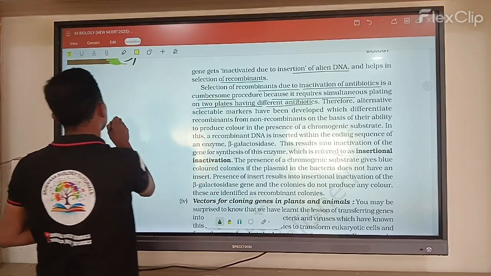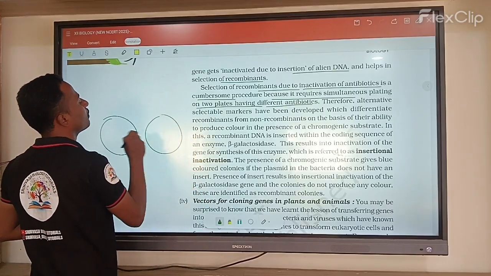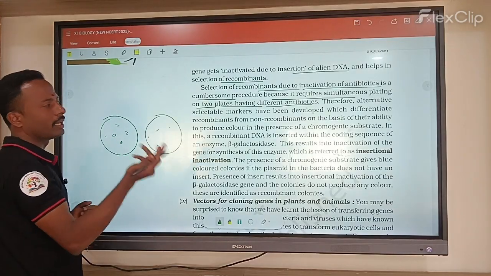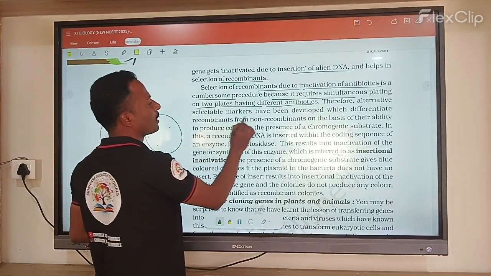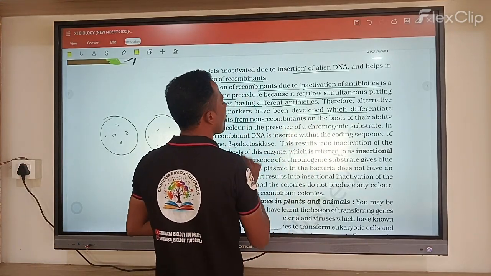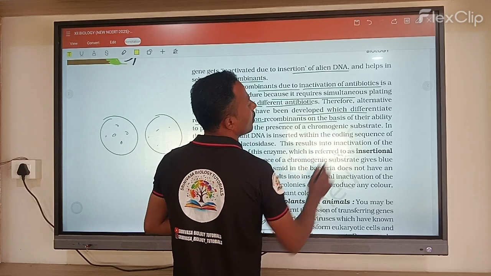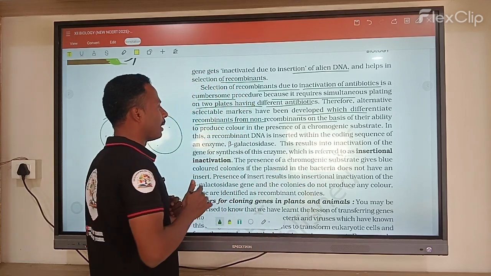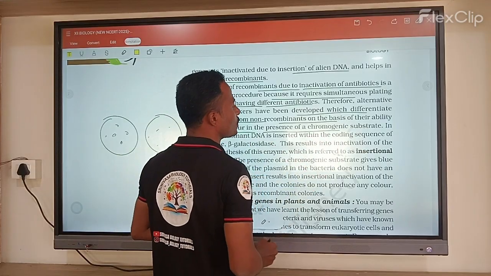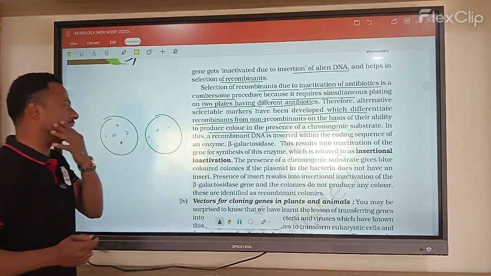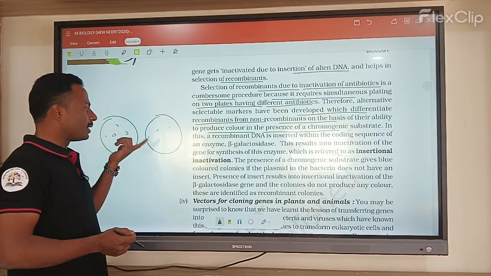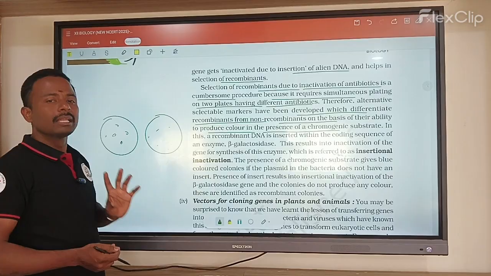Therefore, alternate selectable markers have been developed which differentiate recombinants from non-recombinants on the basis of the ability to produce color in the presence of chromogenic substances. So recombinants and non-recombinants can be separated with the help of the formation of a colored substance.